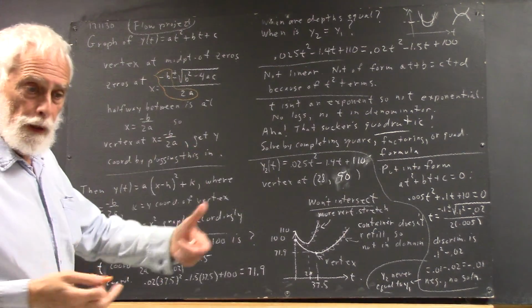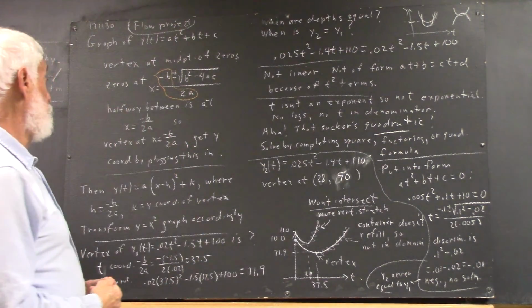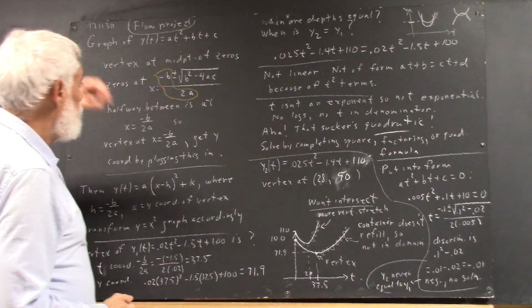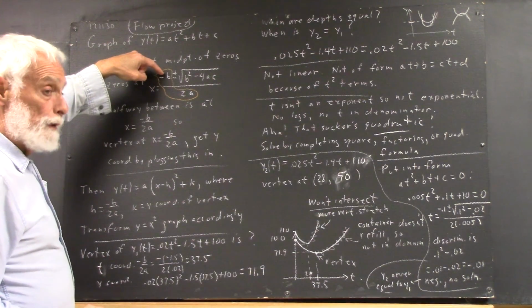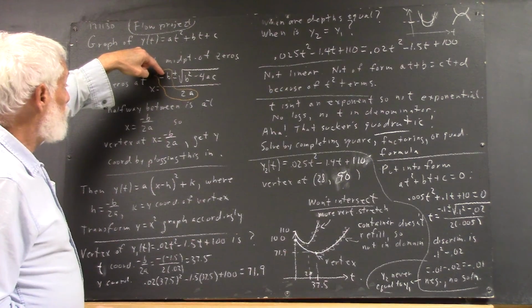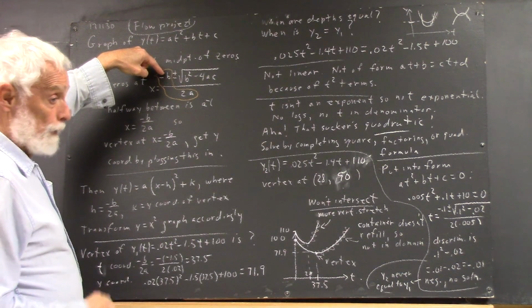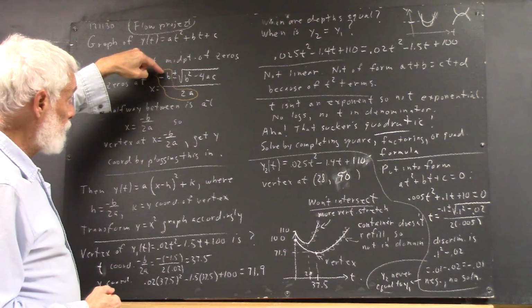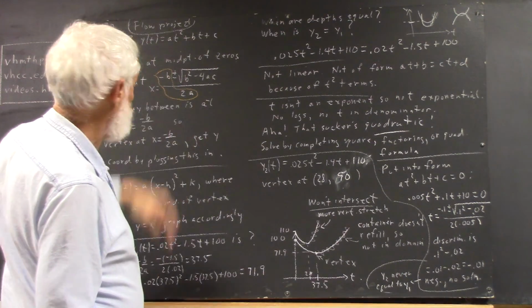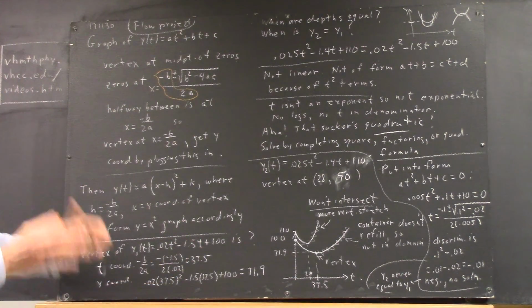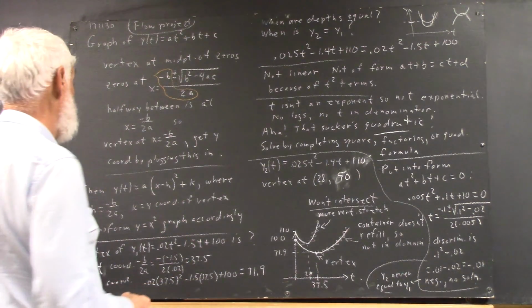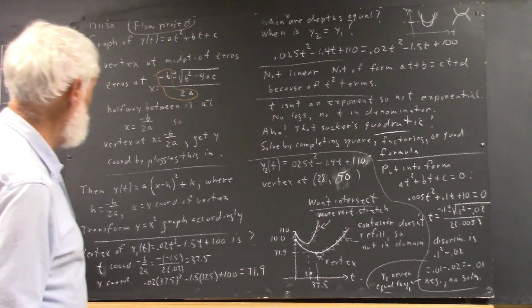And the graph is symmetric about the vertical line through the vertex, so that the x position of the vertex, or if you prefer the axis of symmetry, is at negative b over 2a. And this is something, again, we did thoroughly some time ago, so you need to review this.